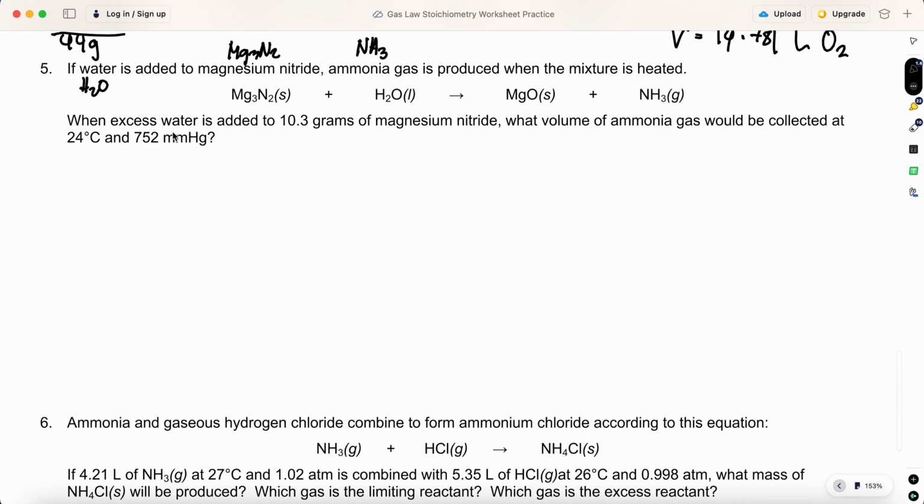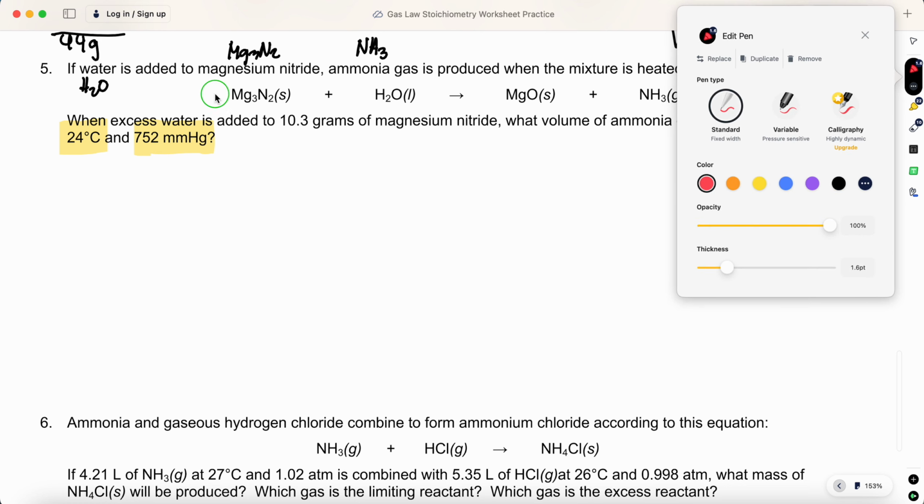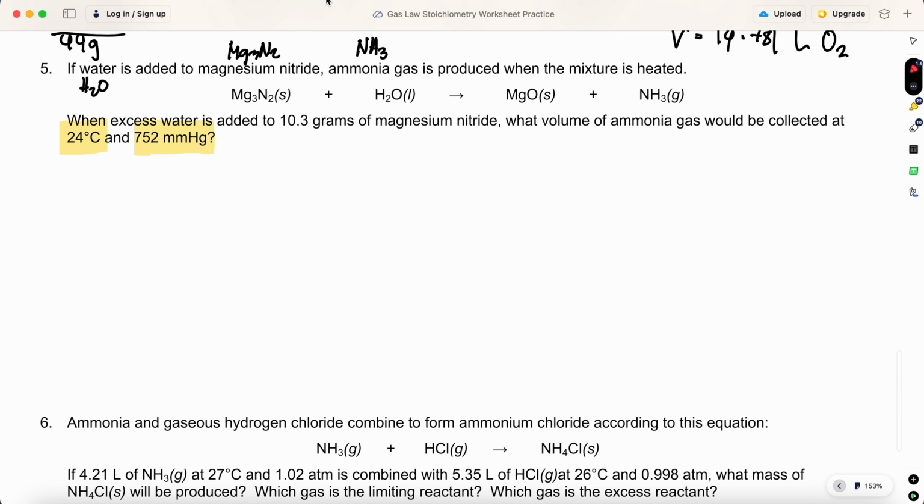So again, is this an STP or non-STP problem? Note that the temperature and pressure here are given in the problem. So this is a non-STP problem. So first we balance the equation here.